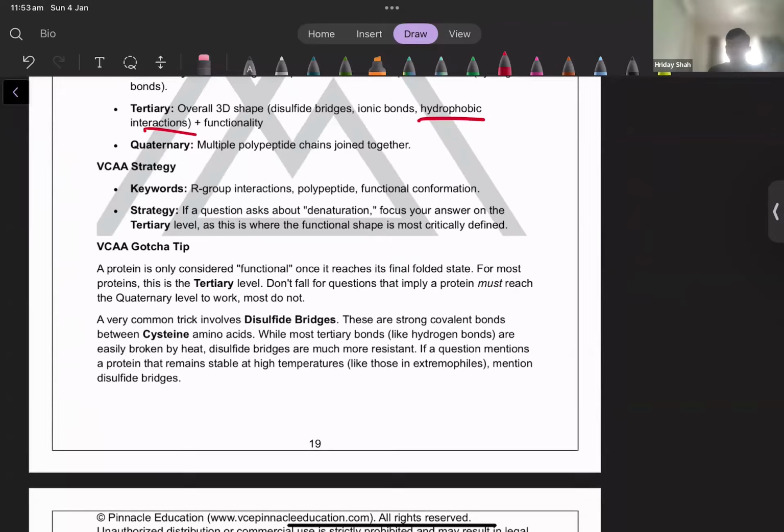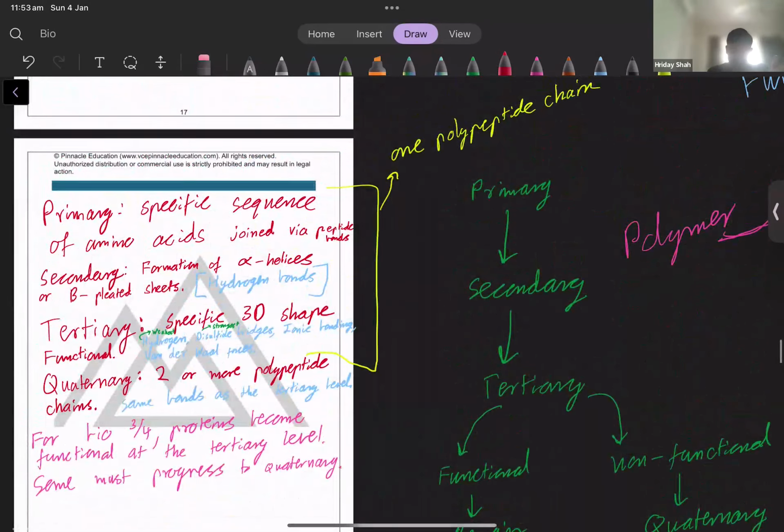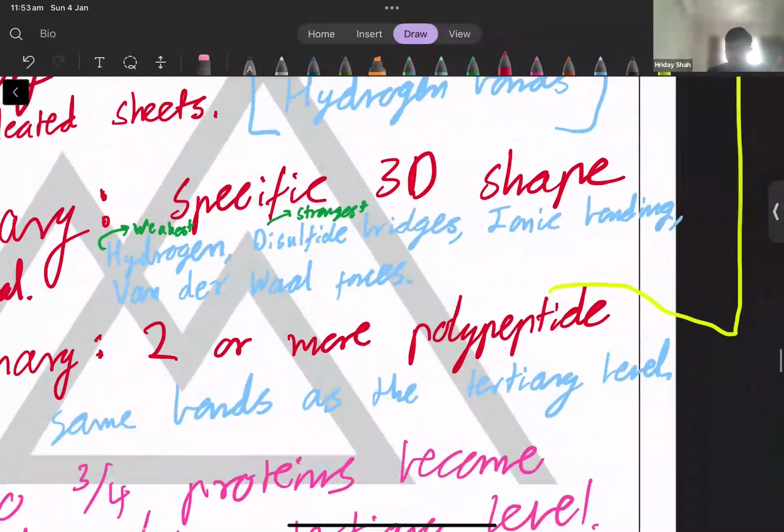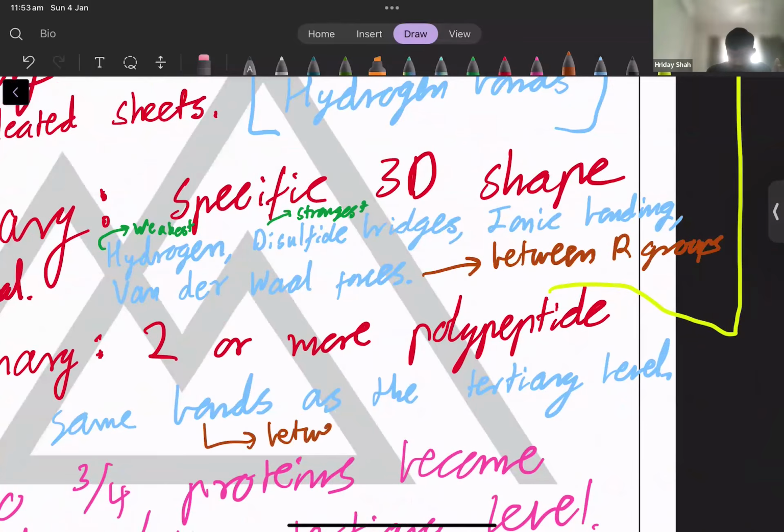Now, those are the bonds that we talked about. So all of these for tertiary and quaternary are occurring between R groups, your variable R groups.